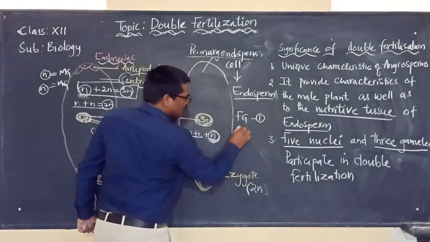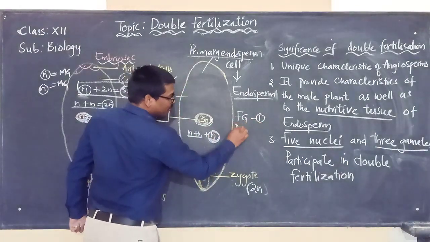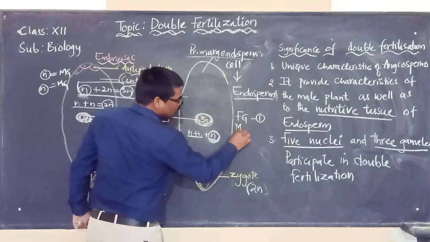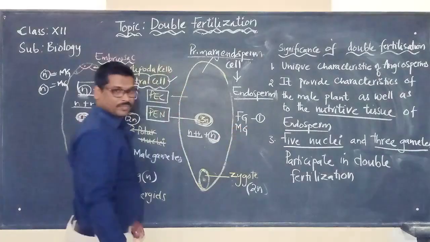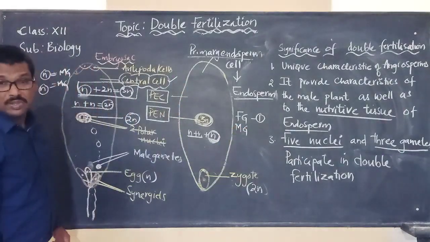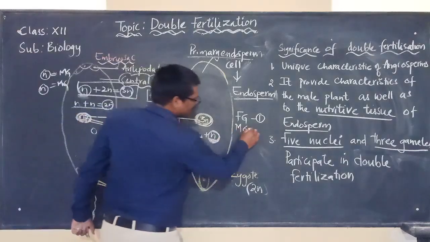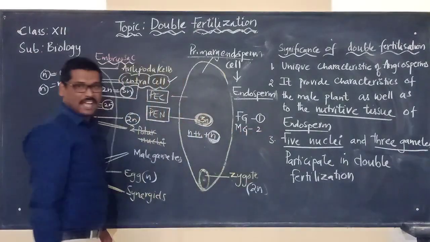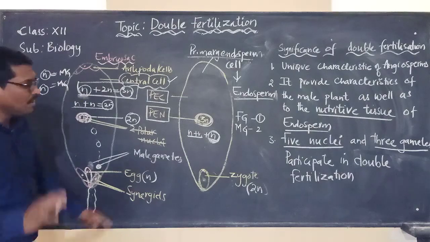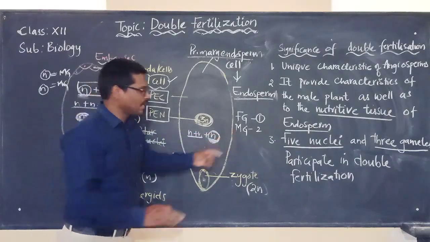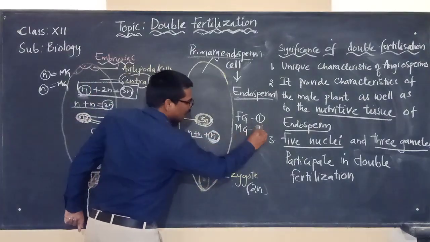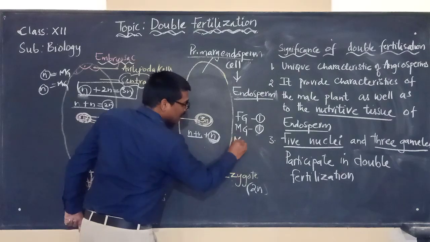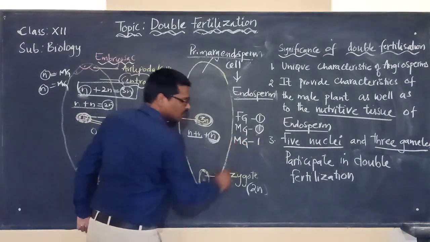This is 1. There are 2 male gametes. Okay, 2 nuclei of the 2 male gametes. Here, 1 male gamete, 1 nucleus. Another male gamete, another nucleus.